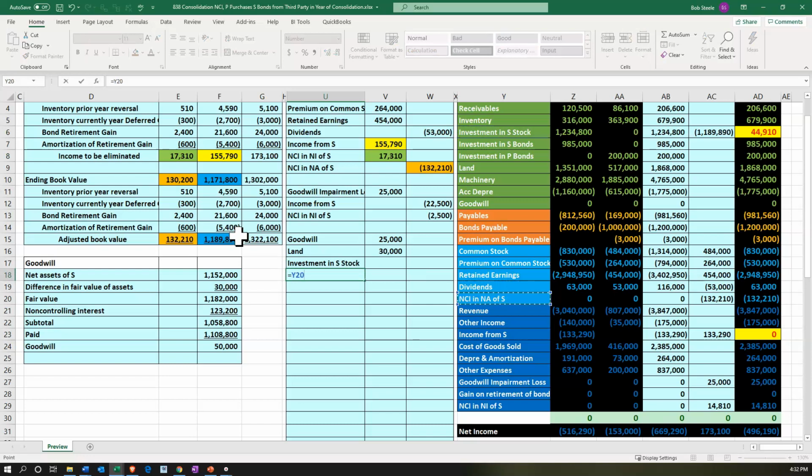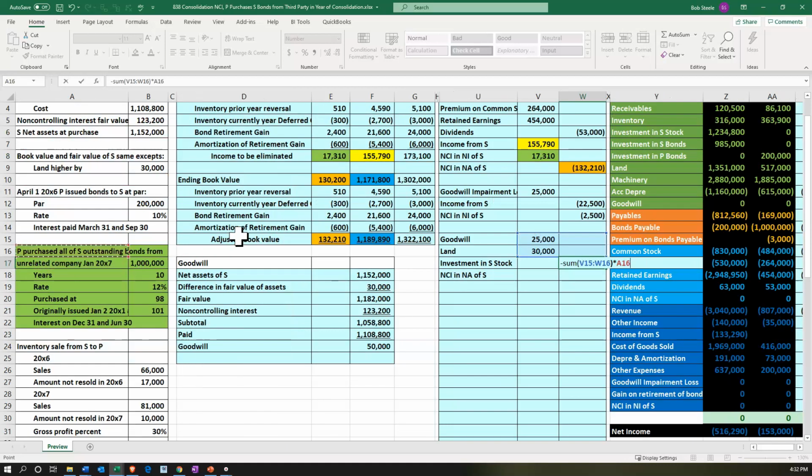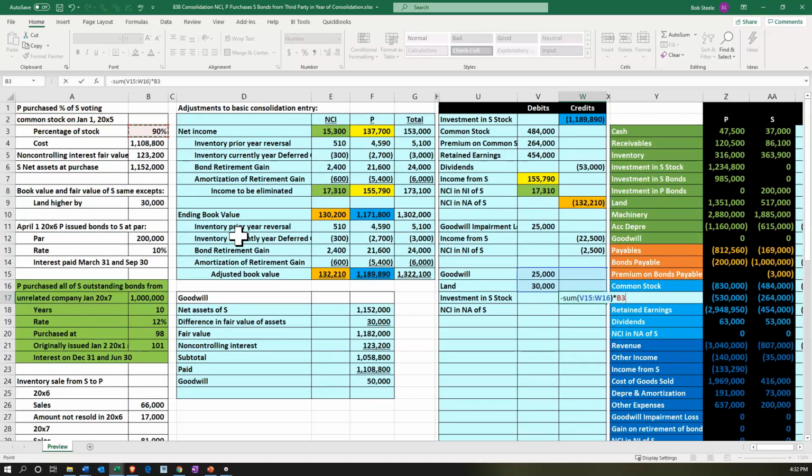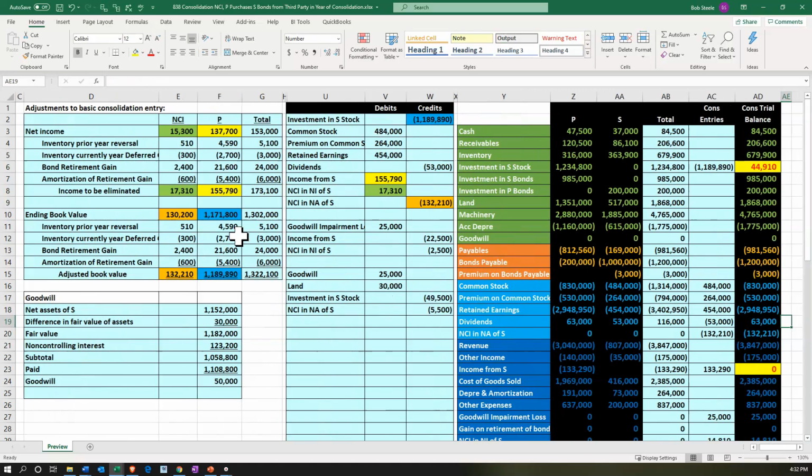Non-controlling interest going to the non-controlling interest in A net assets. Calculated negative sum of these items times the 90% up top. Then I'll do the same thing here, negative sum of these items times 1 minus, let's do it this way, the 90%. Be consistent with that. Consistency, it's important.